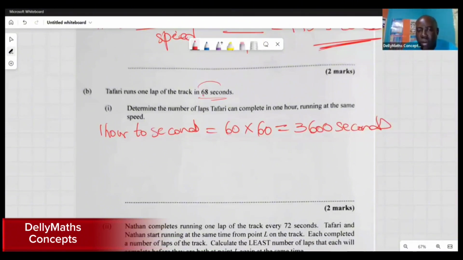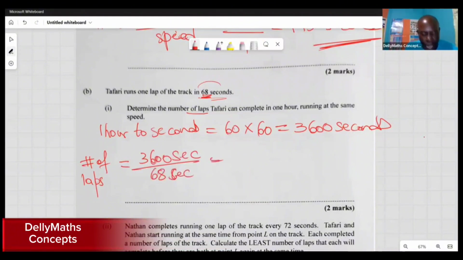So if he's running 1 lap in 68 seconds, I am able to tell the number of laps. The number of laps is going to equal 3,600 seconds divided by the time he's taken to do 1 of those laps. So 3,600 divided by 68, and we're getting 52.9 laps.